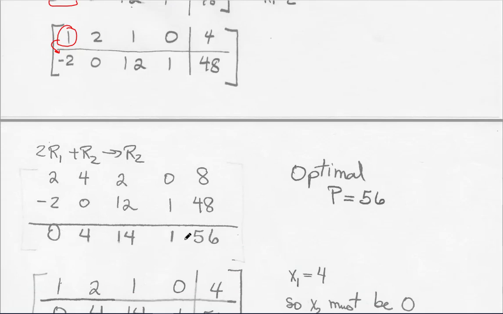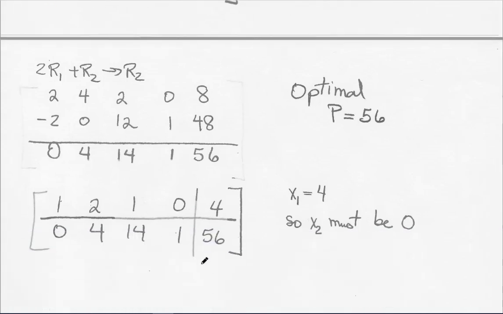That's what I've done here, and this becomes my new row 2. If I put that into our matrix, there's nothing negative in the bottom. Therefore, we have reached the optimal solution. First off, the optimal is P is 56.